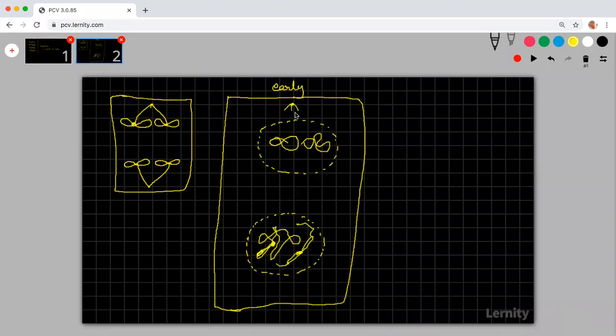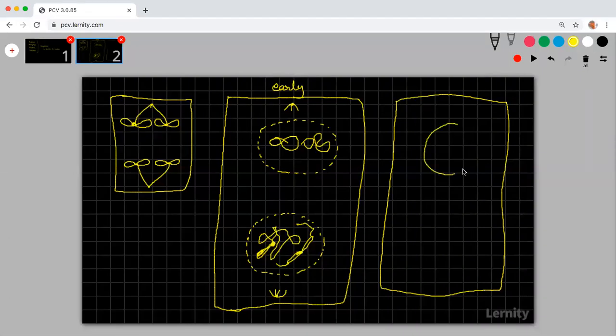So what are you seeing here? This is early telophase. By the end of telophase, this kind of situation would be the case.